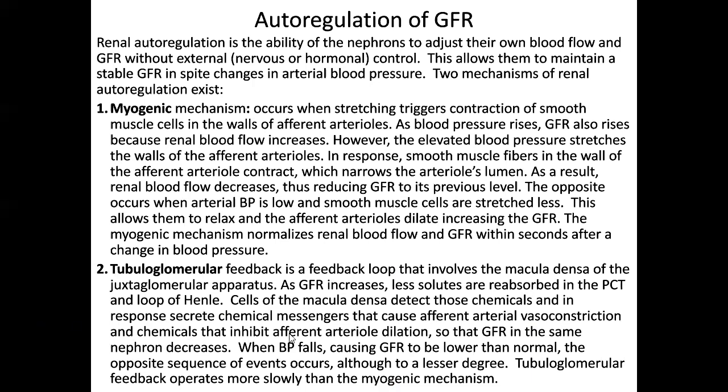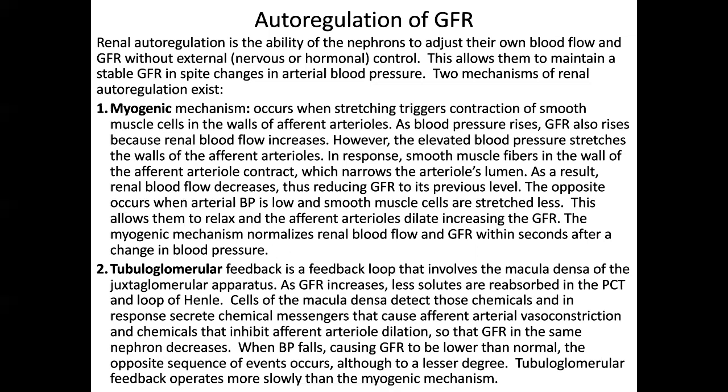And then they also secrete chemicals that inhibit afferent arteriole dilation, which means less blood comes in, which means GFR goes down. So it's like hitting the button that slows down the conveyor belt. Does that make sense? Okay.